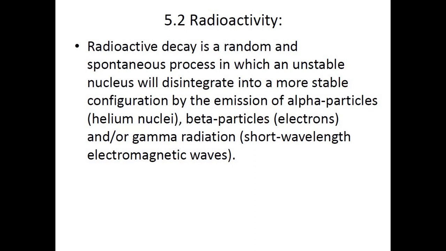Now alpha particles are basically helium nuclei, as they consist of 2 protons and 2 neutrons. Beta particles are fast moving electrons, and gamma rays are electromagnetic waves of very short wavelength.